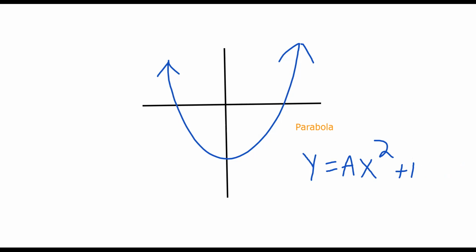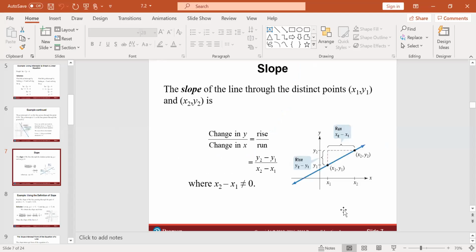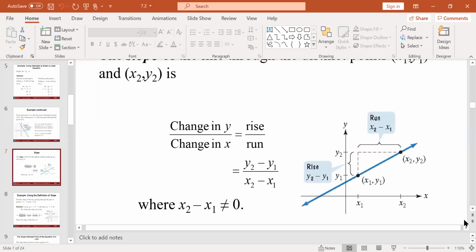Anywho, if we go all the way back, we can get back to our previous slide. There it is. Beautiful. So the 4 basic types of slope. These are all that we're going to deal with. But it's good to know when you'll have what. Now let's look more specifically at the slope. What exactly is it?